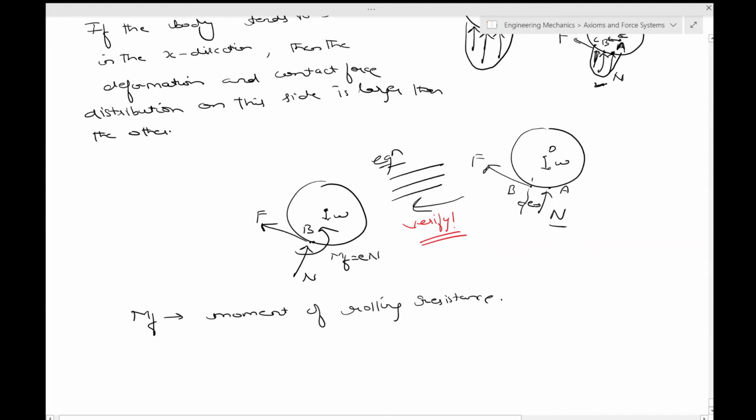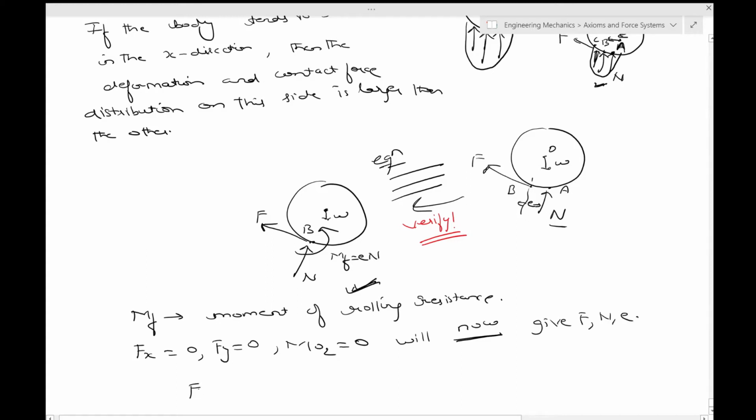So for this situation, Fx equal to 0, Fy equal to 0, Moz is equal to 0 will now give F, N and E.